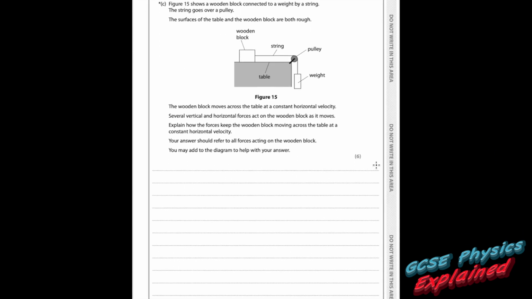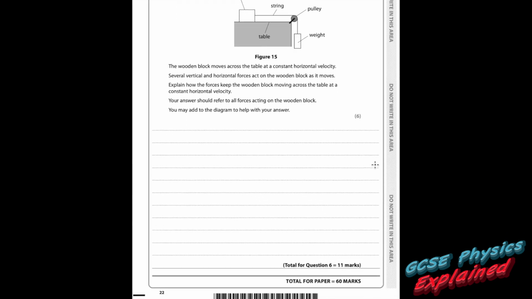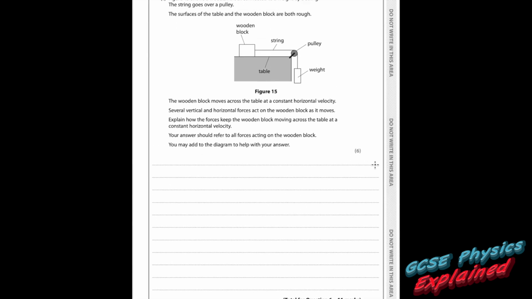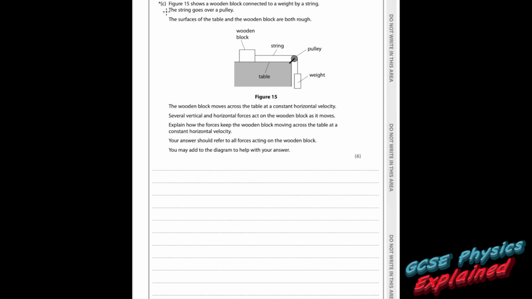And finally, last question. Part C. Figure 15 shows a wooden block connected to a weight by a string. The string goes over a pulley. The surfaces of the table and the wooden block are both rough.